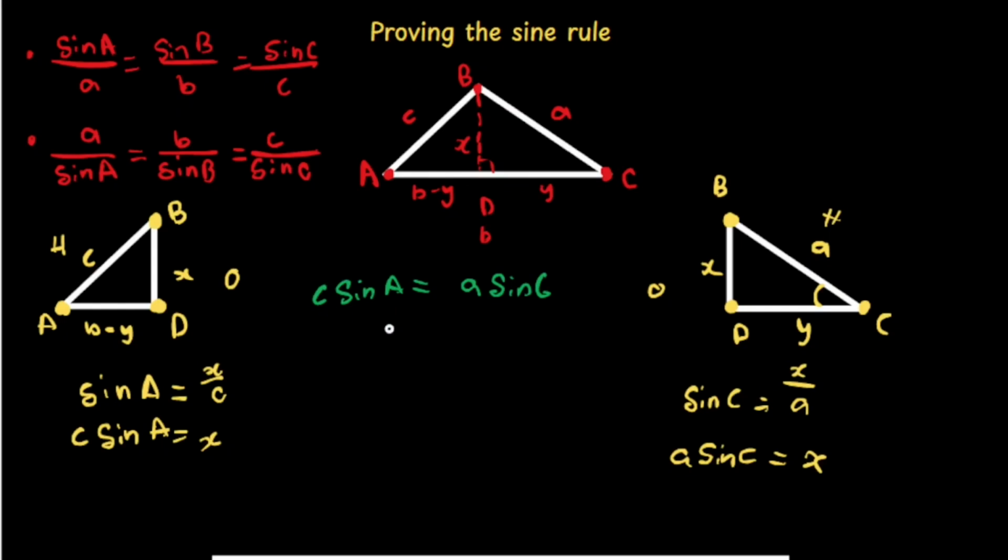If I divide this entire equation by C, I would obtain sine A is equal to A sine C over C. Now, dividing this entire equation by A, I would now obtain sine A over A is equal to sine C over C.